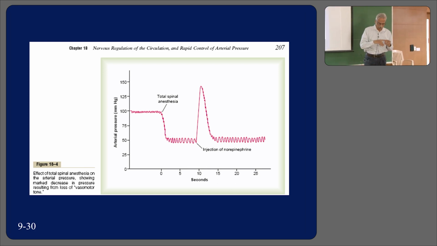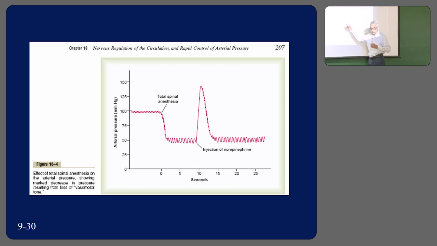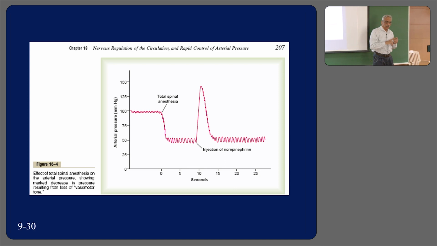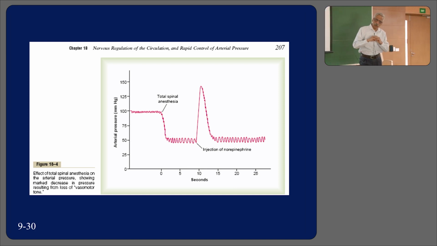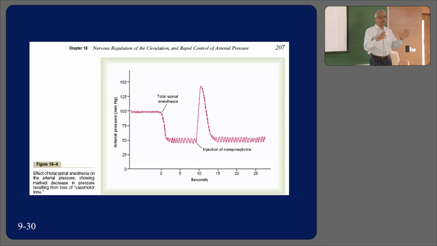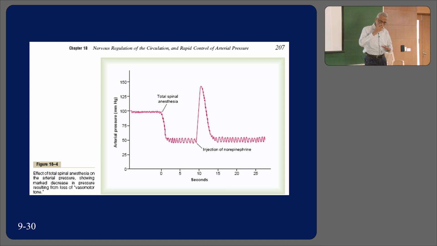You mean this? Does it fall off because of the loss in tonicity? Oh no, the response, you see, you have given norepinephrine to an intact animal, so it should stimulate the entire cardiovascular system and increase the blood pressure.